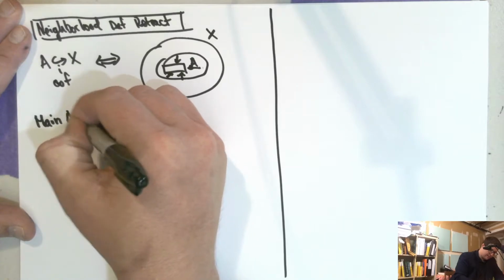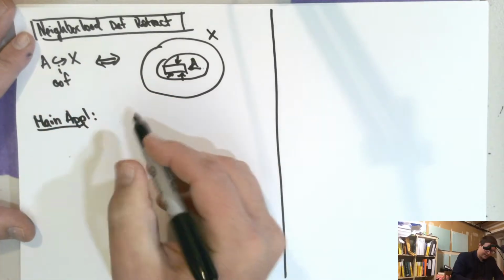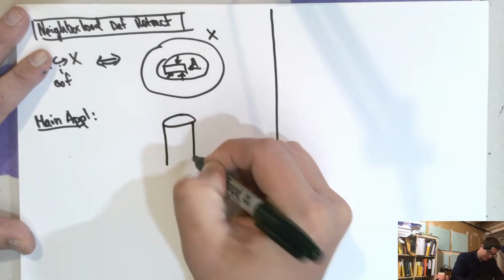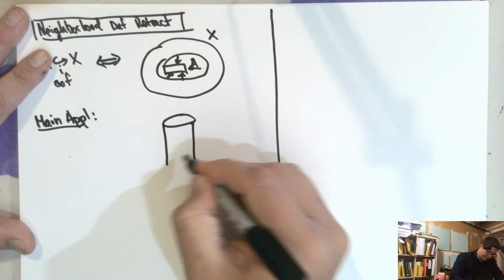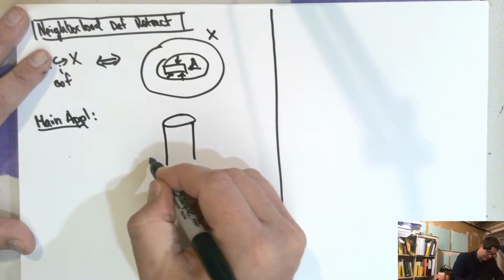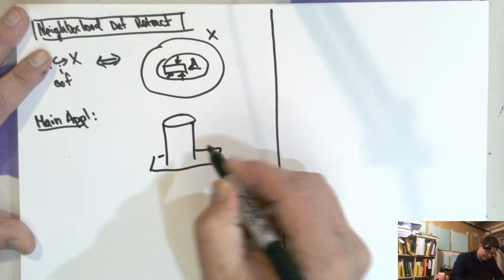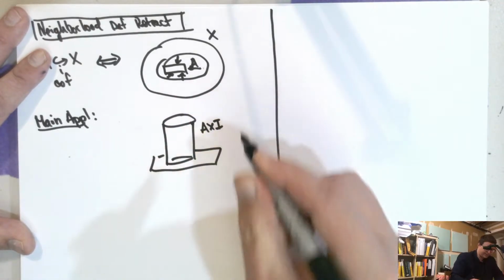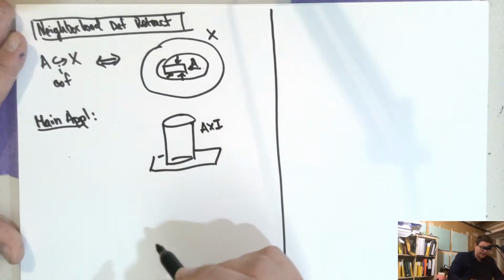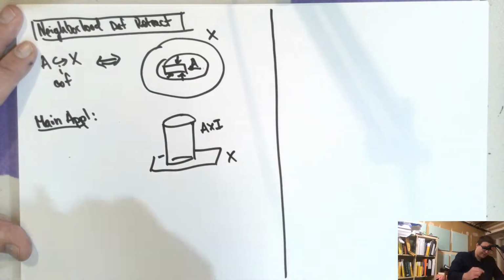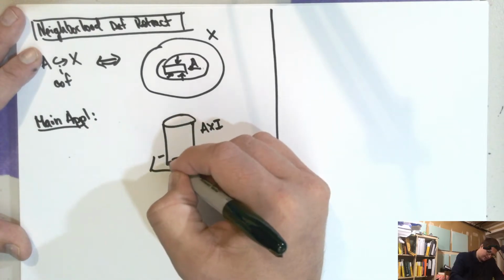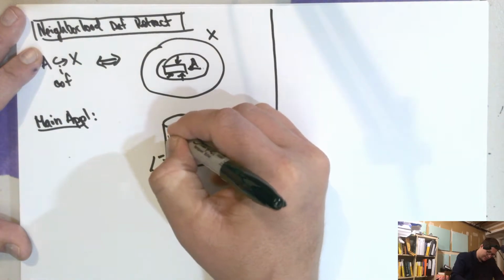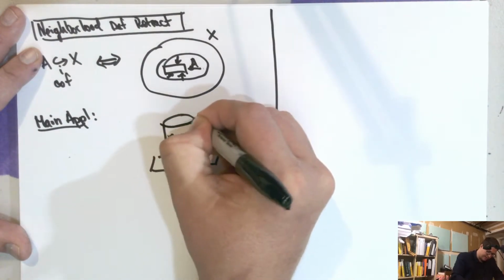And so the main application for me, why I care, is that in the mapping cylinder, we have this thing here. Here's X down below, and here's A cross I. This is one of the pictures of the mapping cylinder. The other picture we draw is that boxy one. Here's X. If we take this neighborhood here, this can retract onto this piece here.